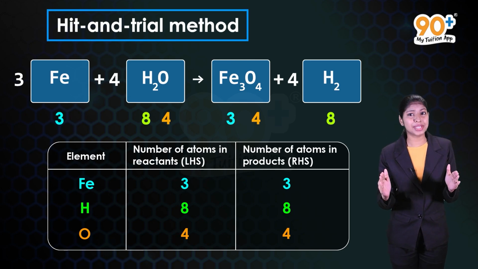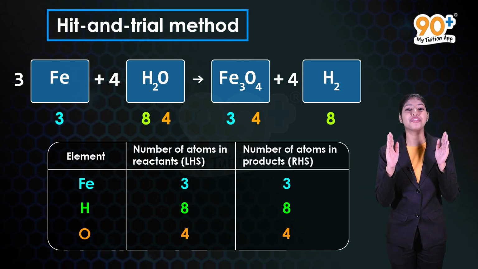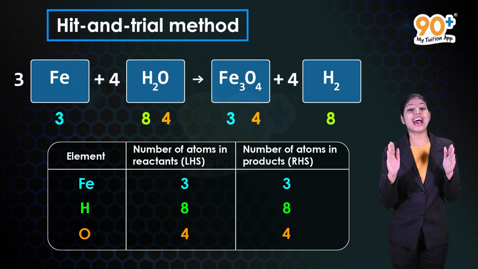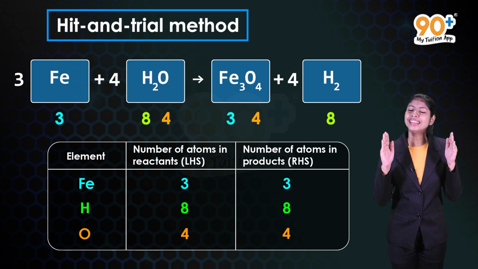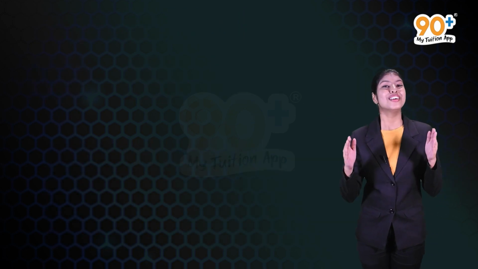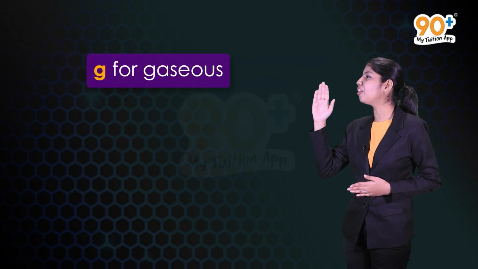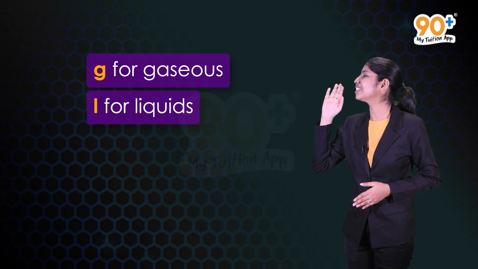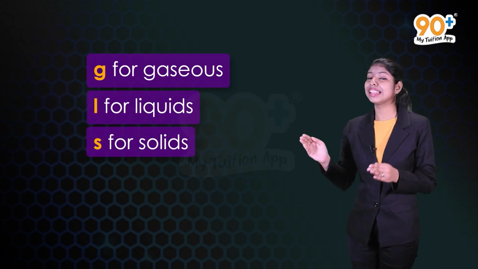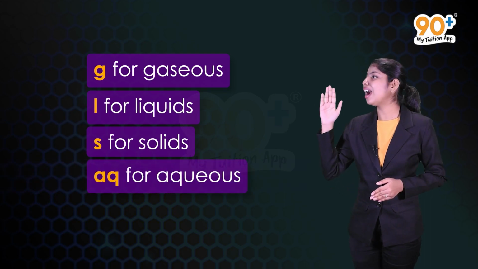To make chemical equations more informative, the physical states of reactants and products are mentioned along with their chemical formulae. For that, we can use the notations small g for gaseous, small l for liquids, small s for solids and aq for aqueous.